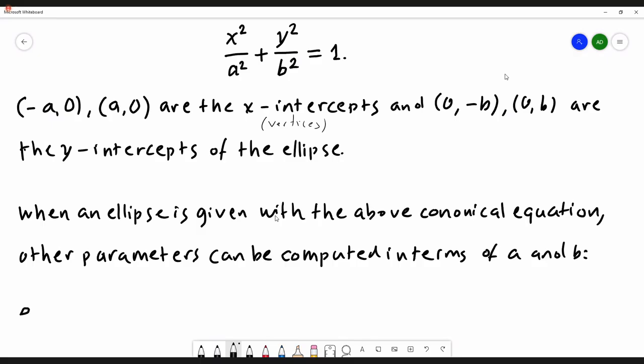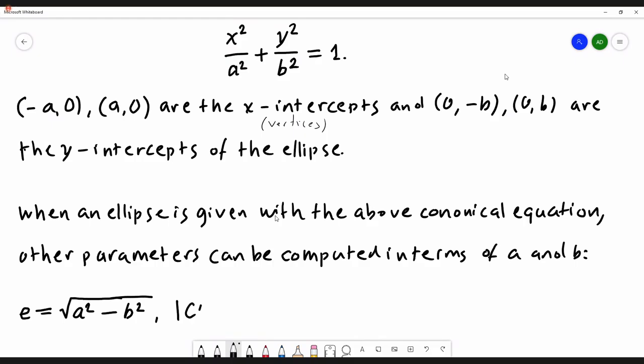First of all, eccentricity is equal to the square root of a squared minus b squared over a. You can obtain these relations immediately from the above equations.